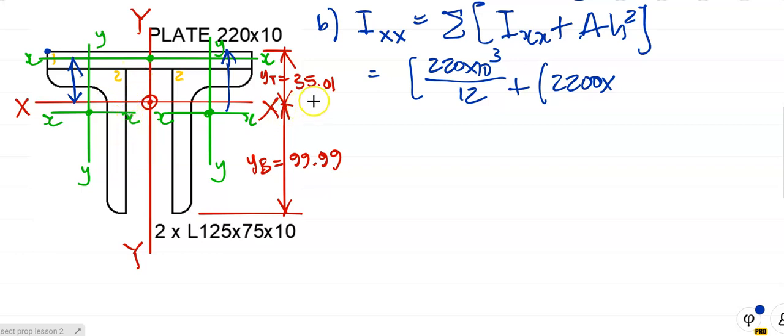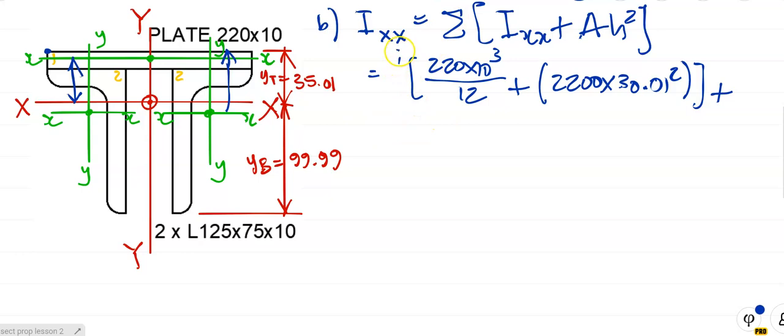Yes, we can. It's y top take away 5. Okay, it's y top minus 5. So it's 30.01 squared plus. Why plus? Because the formula says plus.